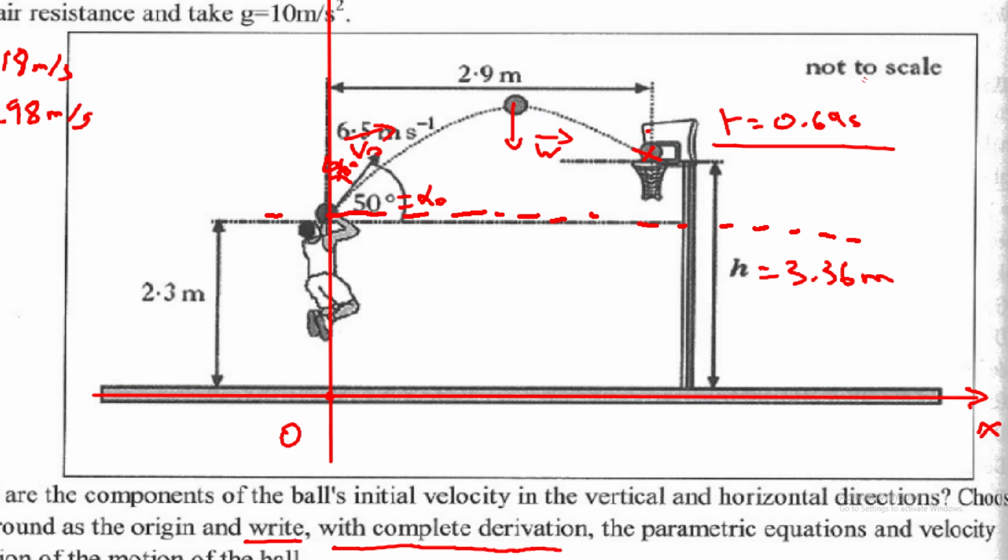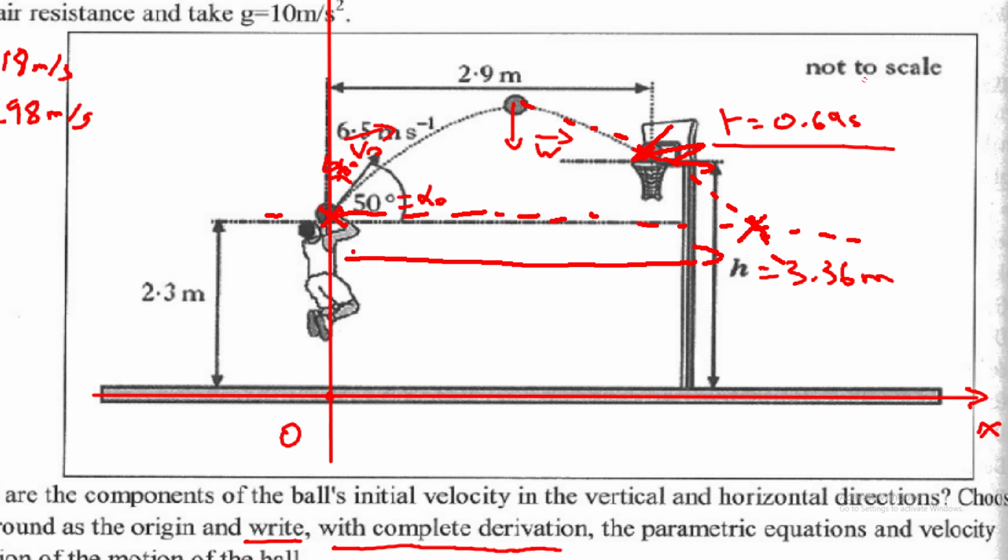Now suppose we don't have the basket, so the ball will continue its trajectory like this. So this is the intersection point. This is the horizontal distance separating the shooting point from the point of intersection of the ball with this horizontal line. So this is the range.